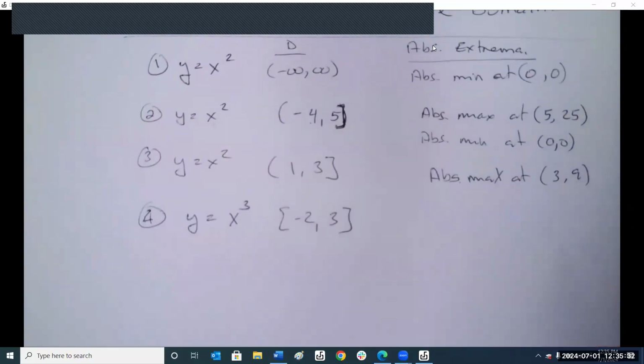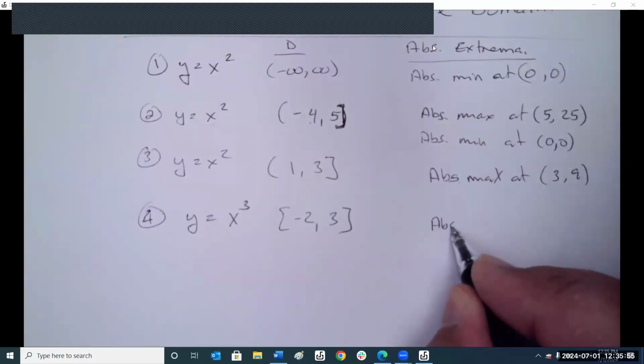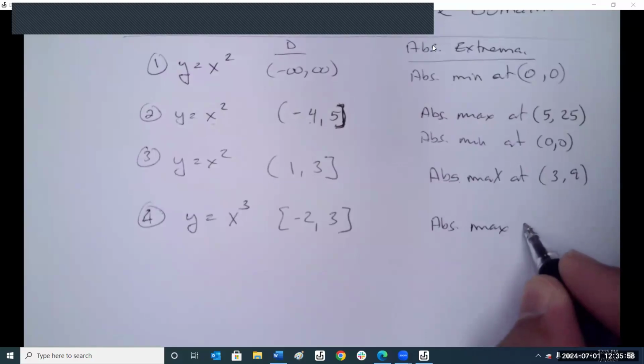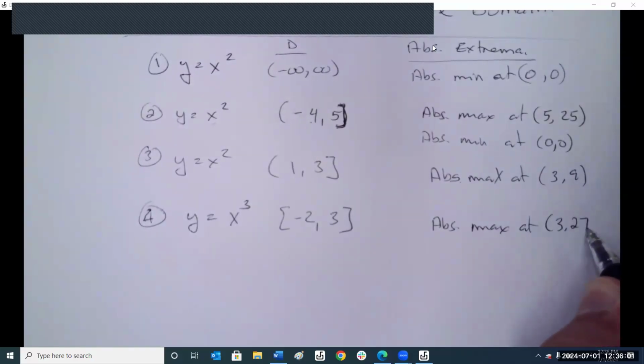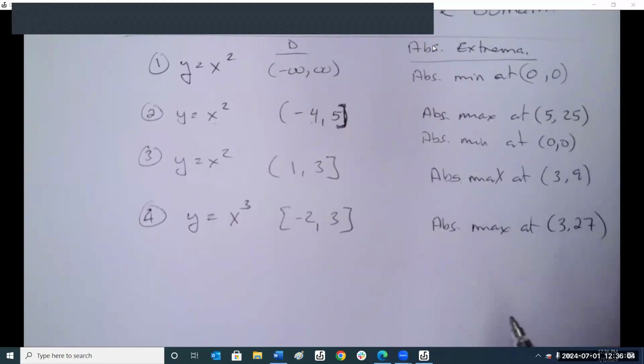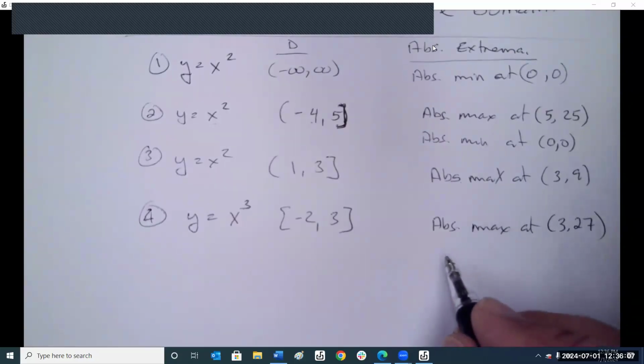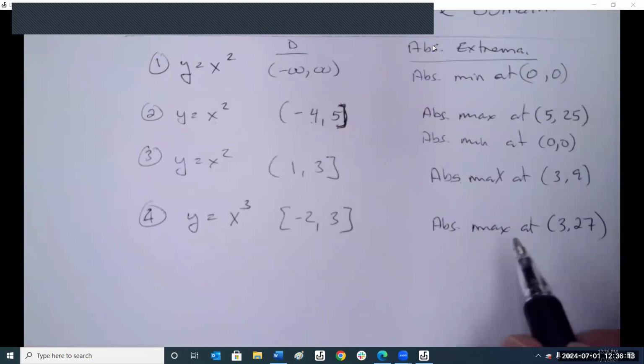How about this one? Max on that, three. What does this graph look like?